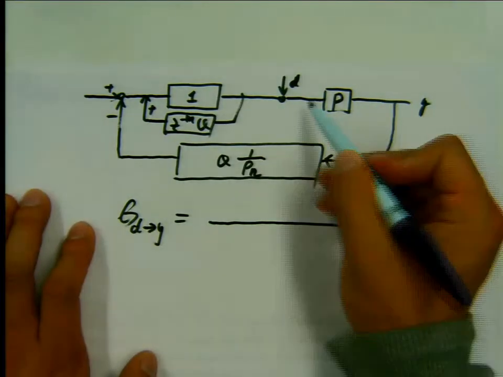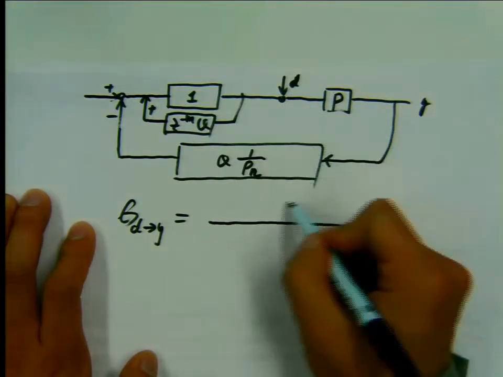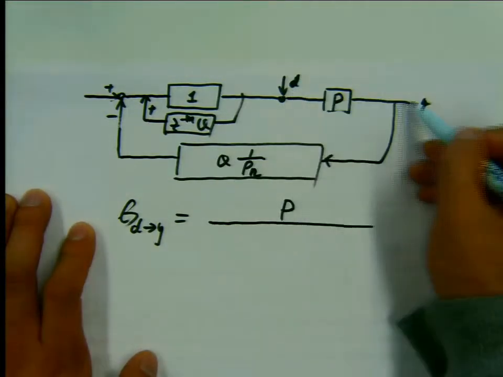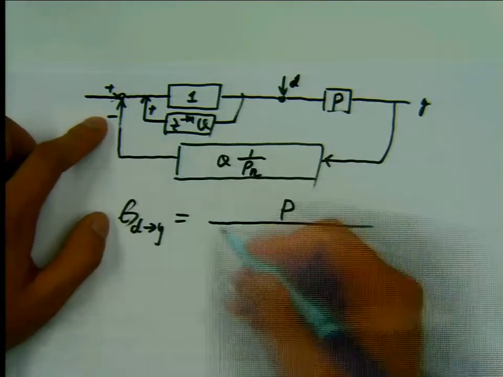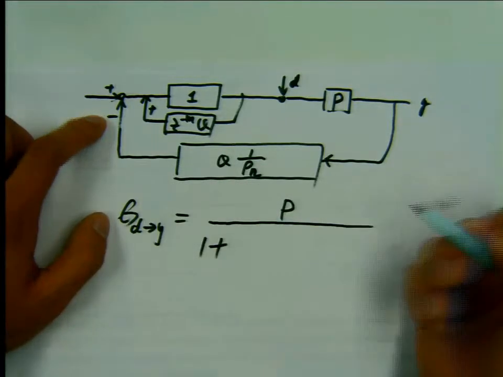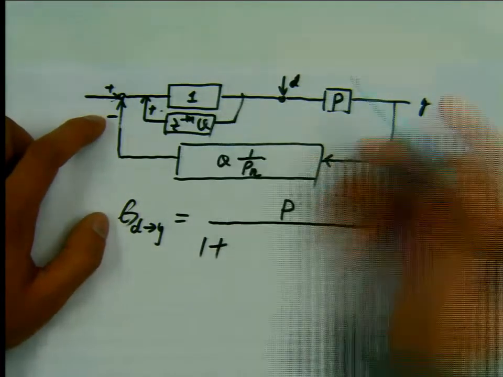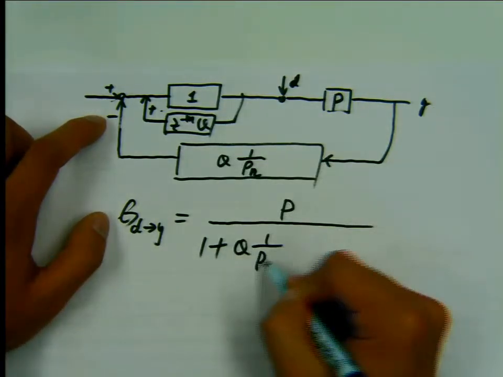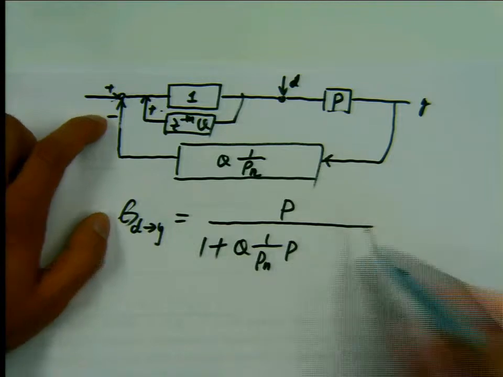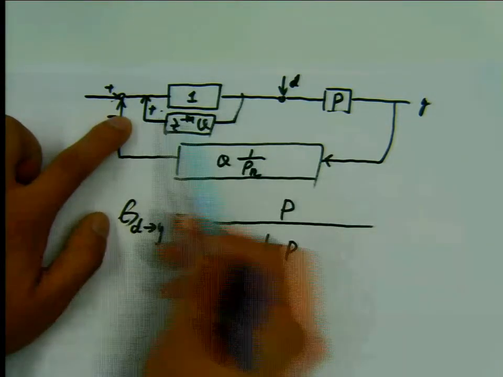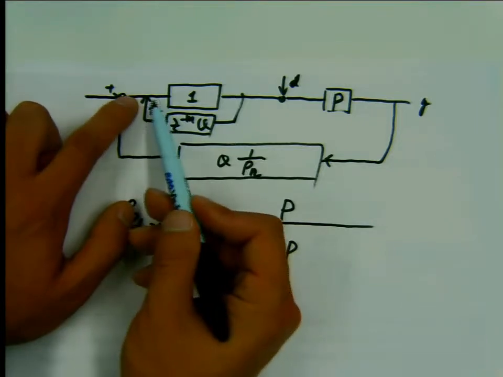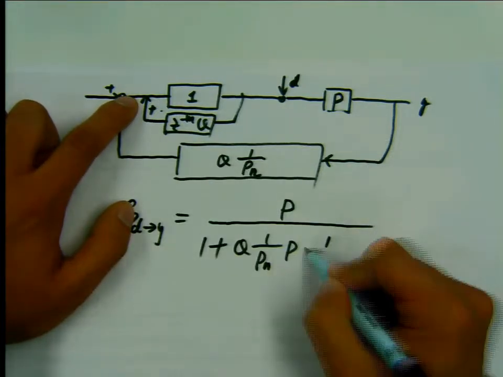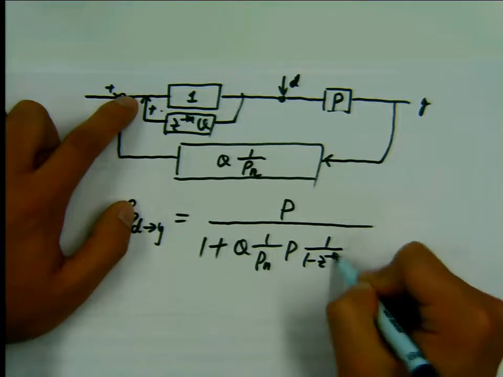Then for the numerator, I'm going to have P. This is the direct path between D and Y. The denominator, I am going to have a negative feedback loop, so it's 1 plus the loop gain of the system, which is going to be Q1 divided by Pn, and P. Then the transfer function of this small block diagram system is going to be 1 divided by 1 minus z^-m Q.